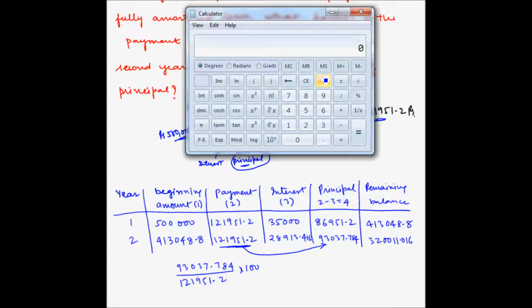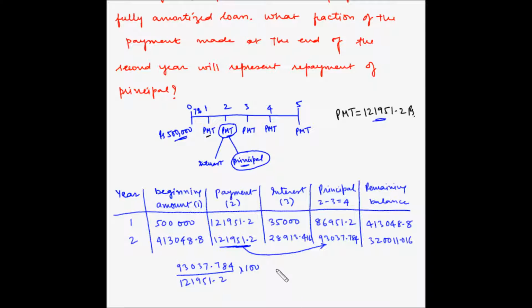So 93037.784 into 100 divided by 121951.2 is 76.29. So this is equal to 76.29%. So in other words, 76.29% of the second year's installment is principal.